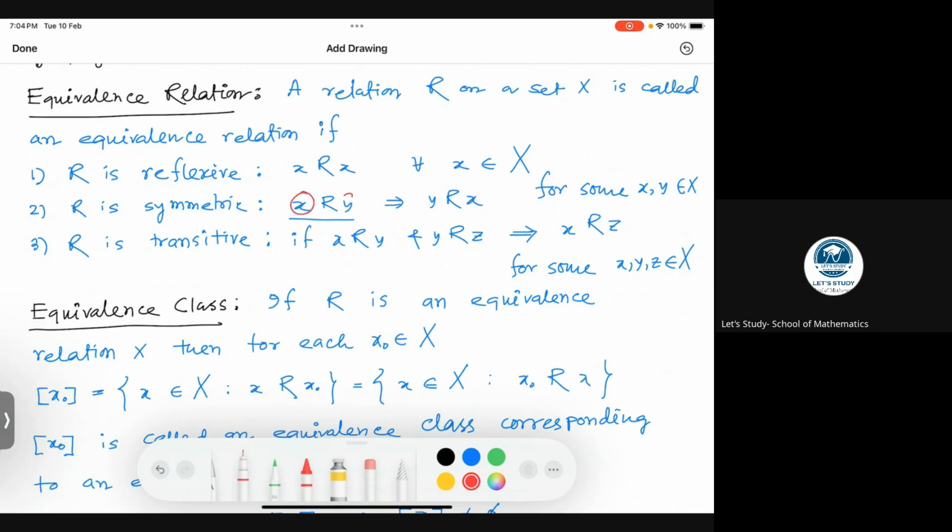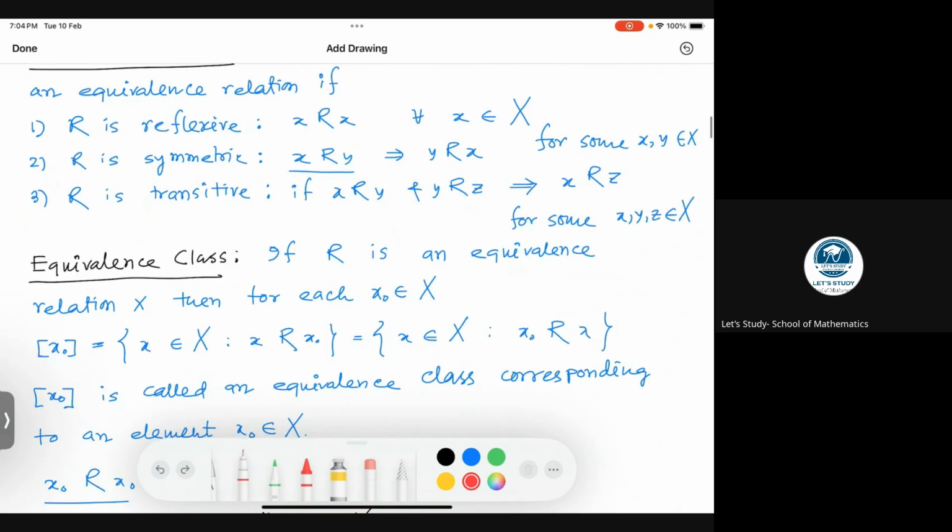If X is related to Y, then Y is related to X. But see, here this is not true for all X, Y belonging to X. It is true for some X, Y belonging to X for which X is related to Y. For those X and Y, Y is related to X. If it happens, then the relation R is called symmetric.